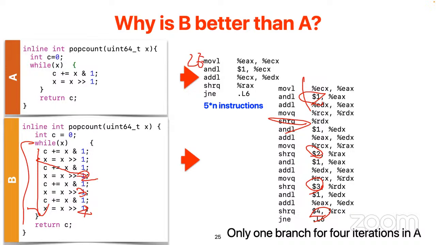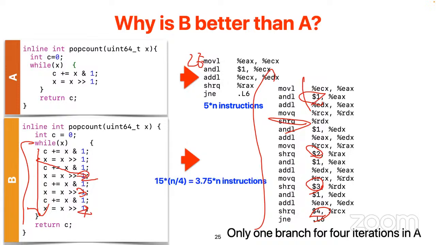If you have a branch misprediction, as you have learned, it would take around 34 cycles to recover, and given you only have this many instructions in each iteration, a branch misprediction is probably worth more than that. So if you can reduce the chance of getting a branch misprediction, that's going to help performance a lot.